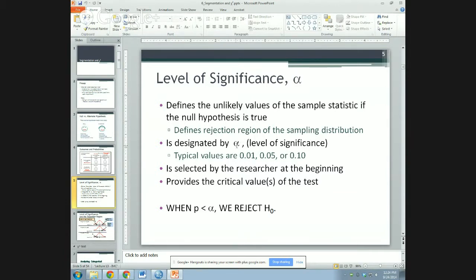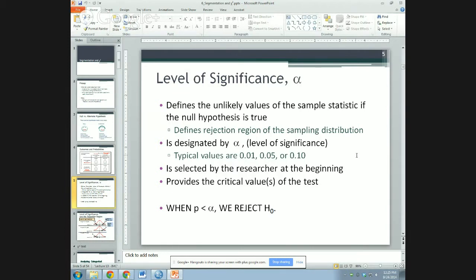And to find what the region actually is relative to the statistical test that we're using, we try and find the critical value. So when we set alpha at 0.01 or 0.05 or 0.10, that corresponds on a distribution table with a critical value.